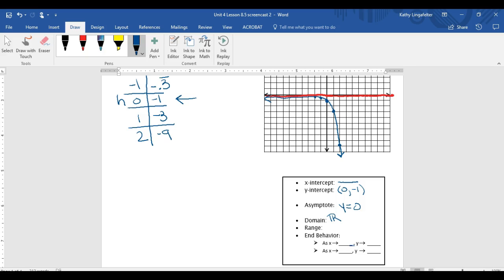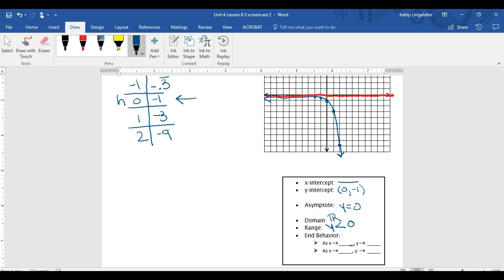It's the range that has a limitation because this graph does not exist above the asymptote, or the x-axis in this case. So my y's have a limitation. In this particular graph, my y's occur below the asymptote. So my y's are less than, and the asymptote occurs where y equals 0. So for my range, y is less than 0.